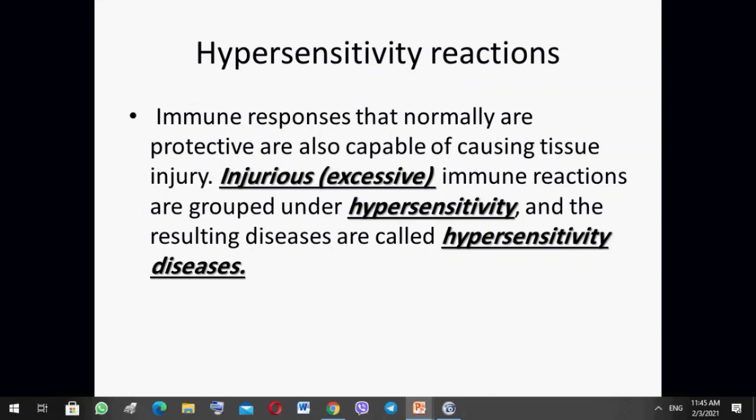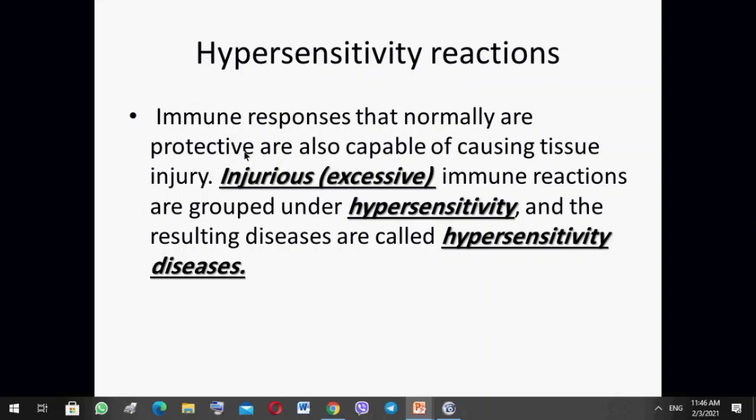So what do we mean by hypersensitivity reactions? Immune responses that are normally protective are also capable of causing tissue injury. As I said, the immune response is usually created to protect our body. Okay, if this immune response is excessive or abnormal, it will be injurious to our body.